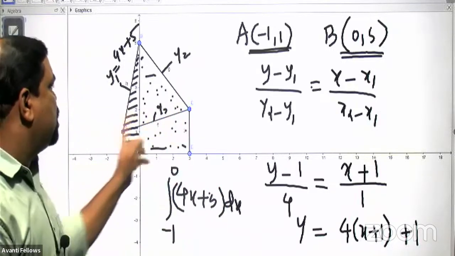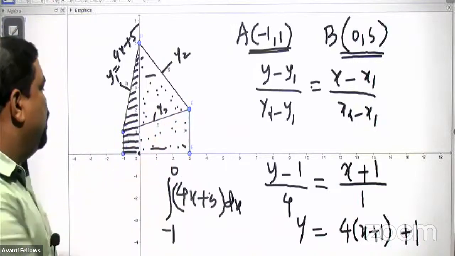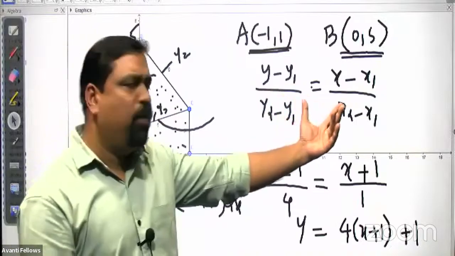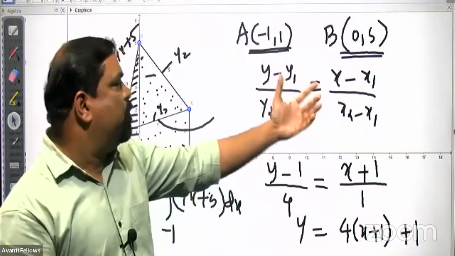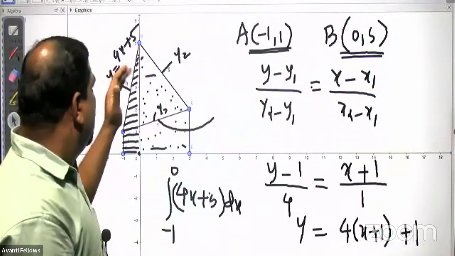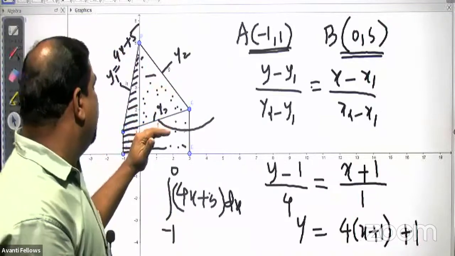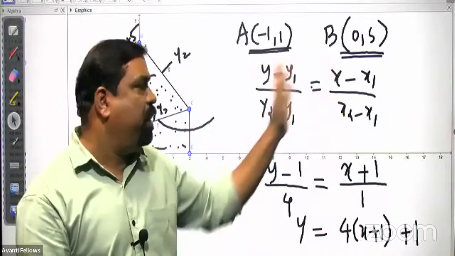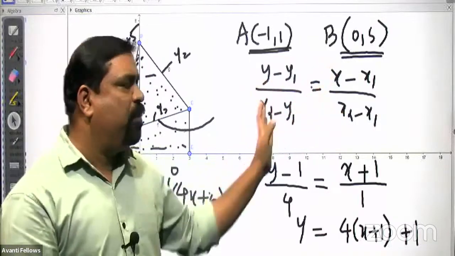Area under AC, let us take it as y3. For that, we have to find the equation of AC using the same formula. So first you find the equation of AB, BC, and AC using the same formula; the points will vary.